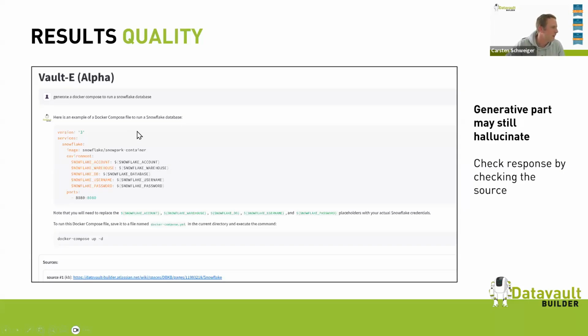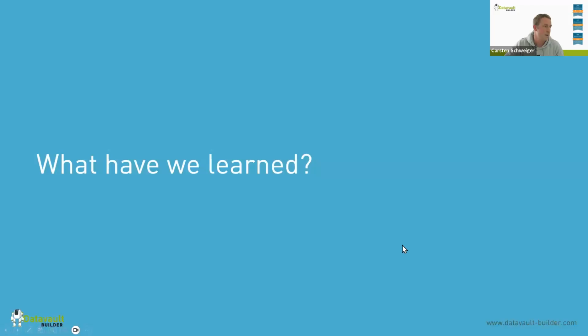And now our LLM also makes something up. It takes the Docker Compose file from our configuration of Data Vault Builder and mixes it up with some Snowflake parameters. So this is wrong information. At least if you click on the source here, you will find the right configuration and how it works, and you will see that this is a hallucination.